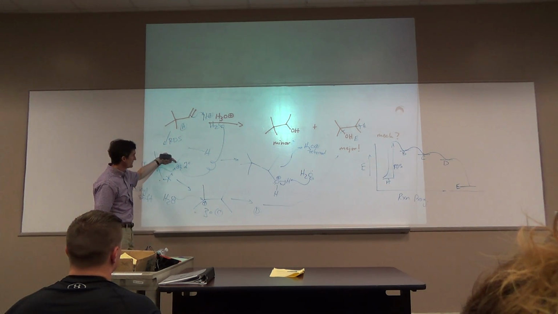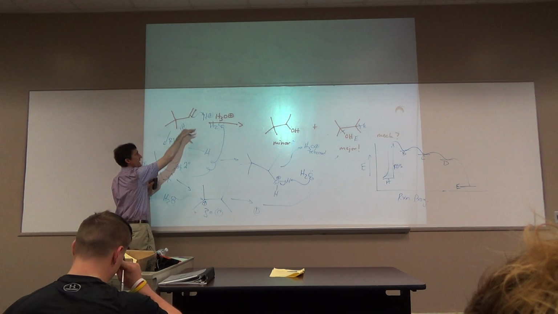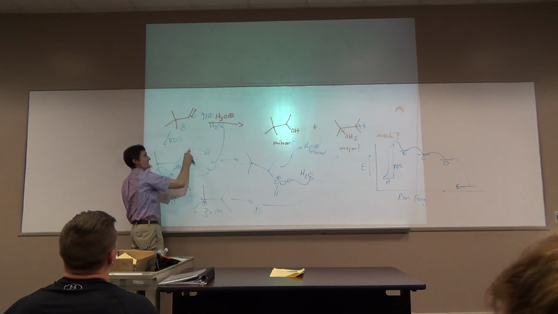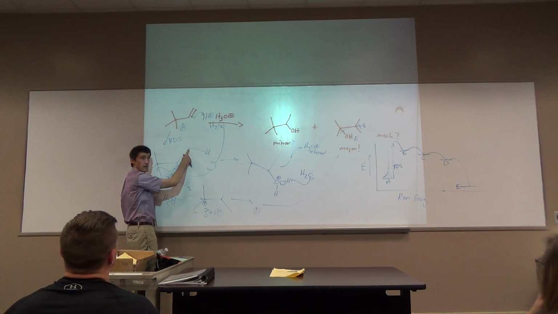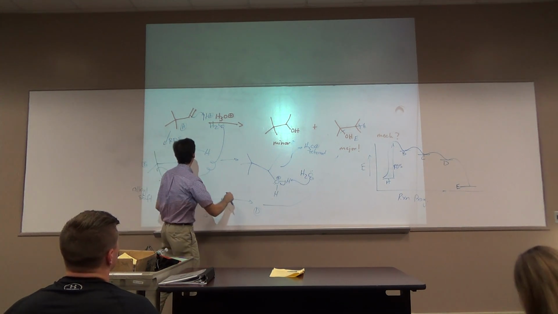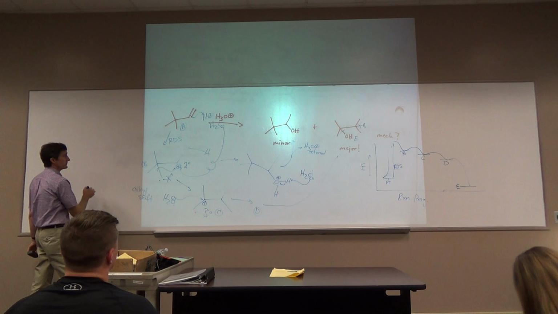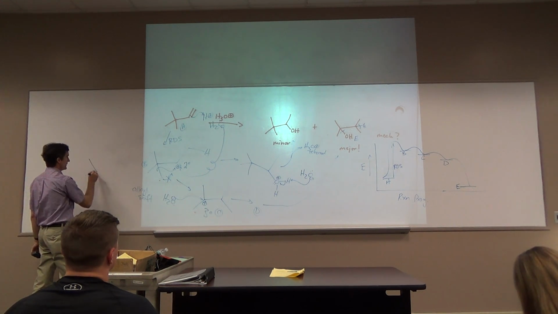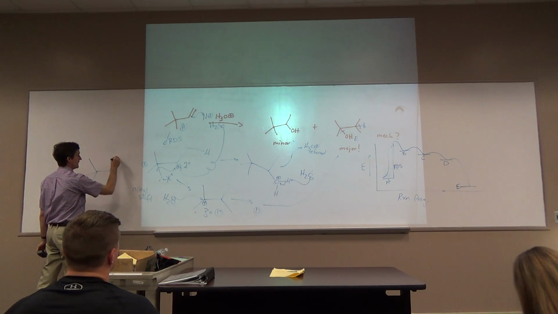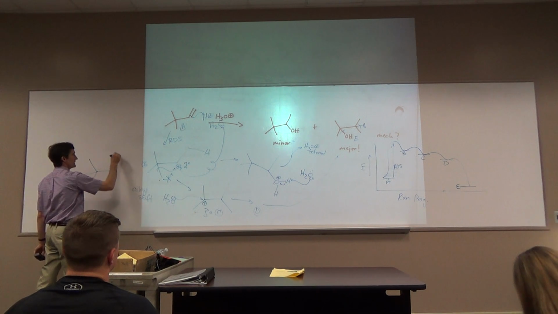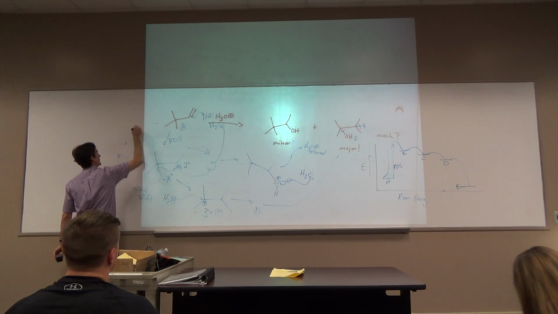Why did we make the cation on the secondary carbon? What if we did the reaction where the cation was on the right or the upper carbon? Make a primary, which we don't get. The primary would look like what? Here and cation there. We don't get that.